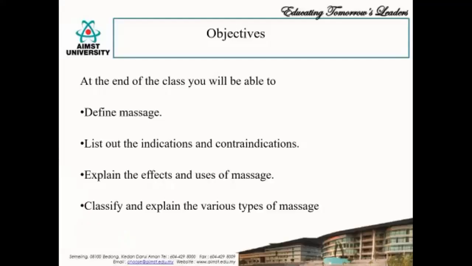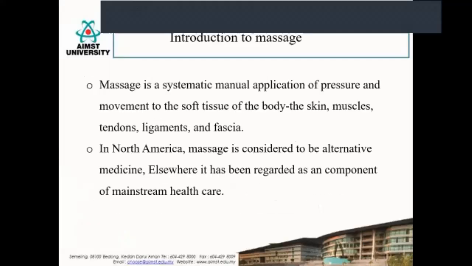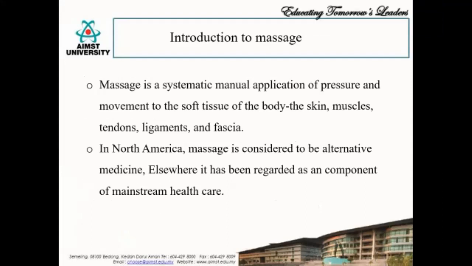So soft tissue massage, if you see, is nothing but manual pressure applied to the tissues. So manually, using our hands or using our legs, we will be applying certain pressure to the soft tissues. Soft tissues are nothing but our skin, muscles, tendons, ligaments and fascia.